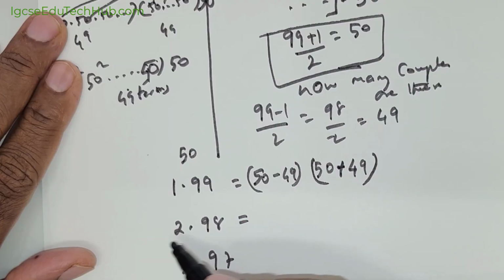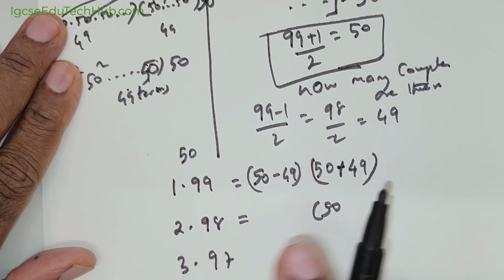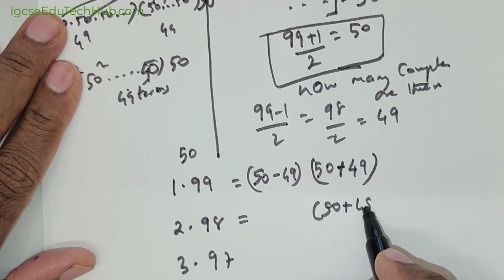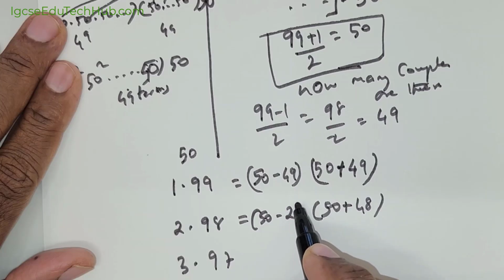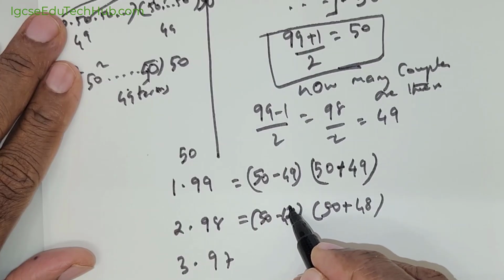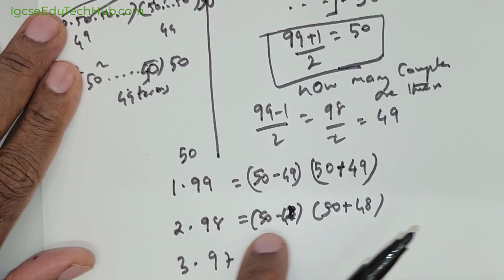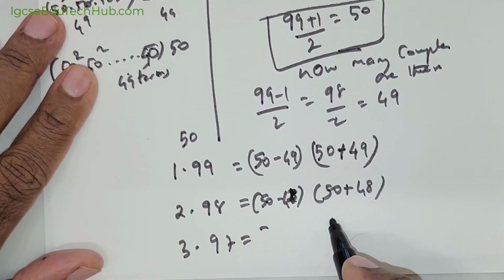Now let me move on to the next term. Similarly to this 50, if I add 48, I get 98. To this 50, if I subtract 48, I get this 2. Now go further.